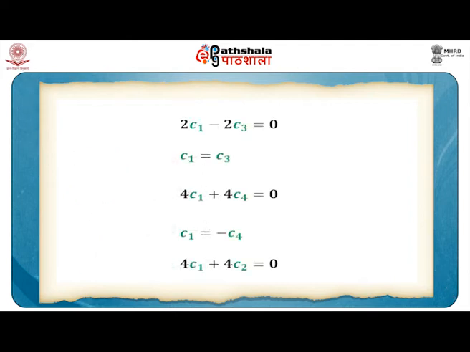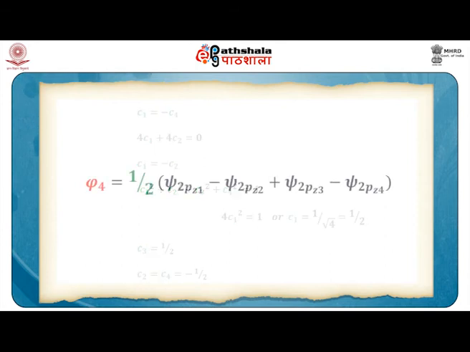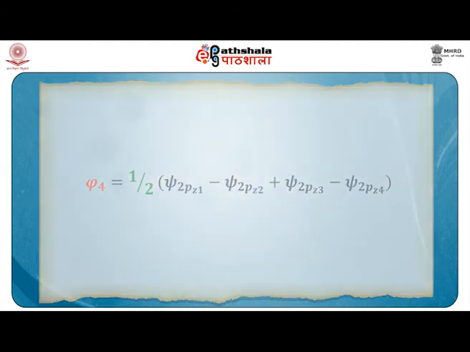And if we simplify these whole set of equations in a similar way, we get the corresponding pi molecular orbital, which ultimately comes out to be, as you can see here, Phi4 is equal to 1 upon 2 (psi 2pz1 minus psi 2pz2 plus psi 2pz3 minus psi 2pz4). So this corresponds to lambda is equal to 2.